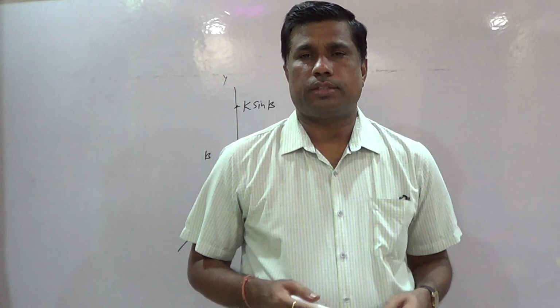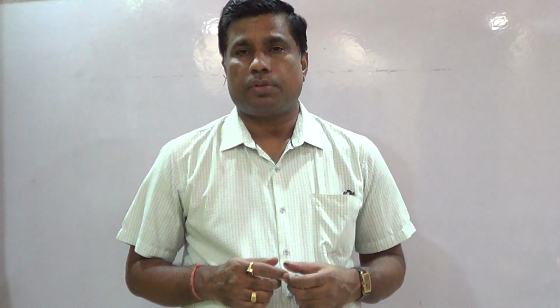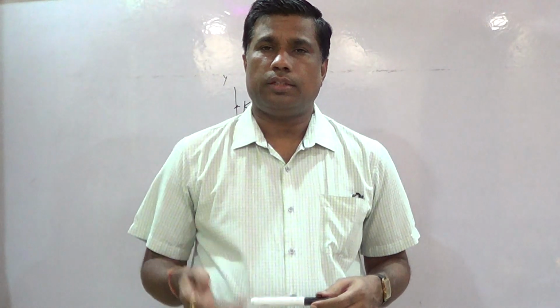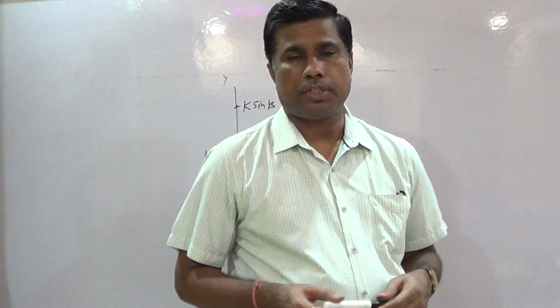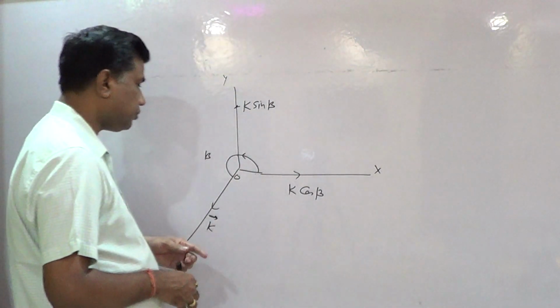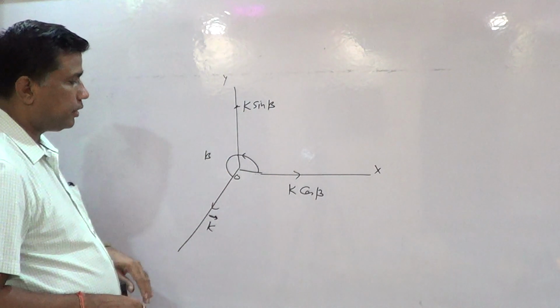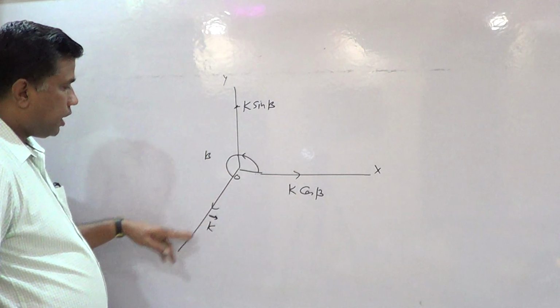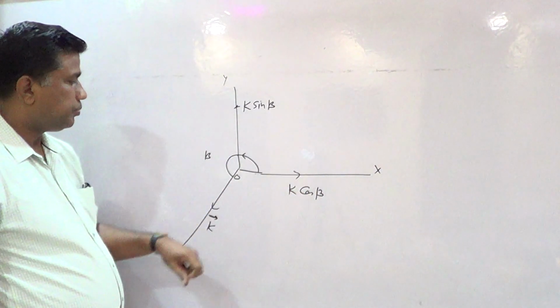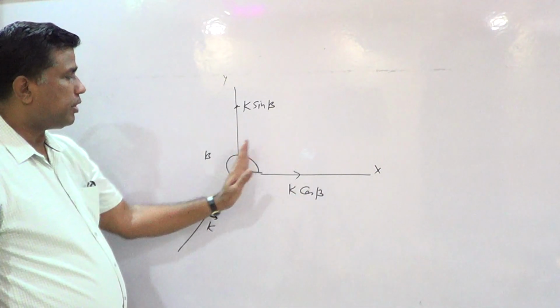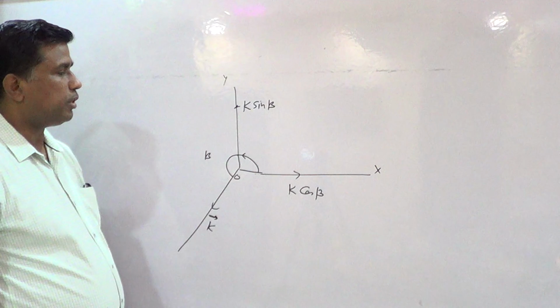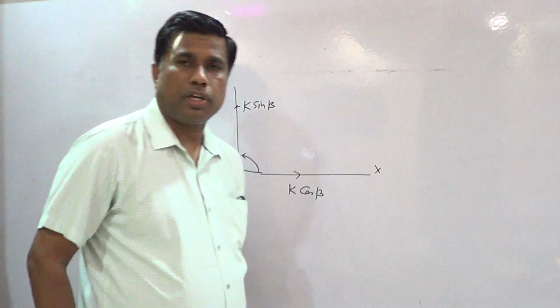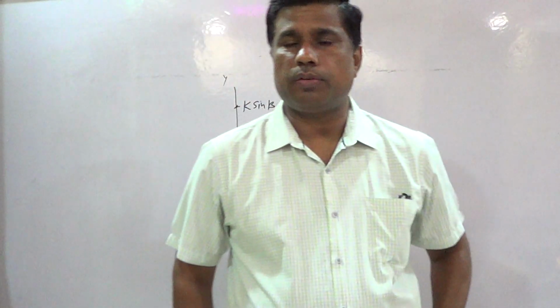One component is a multiple of cos and the other component is a multiple of sin of the corresponding angle. So this k has component k cos beta and just perpendicular to this, k sin beta.